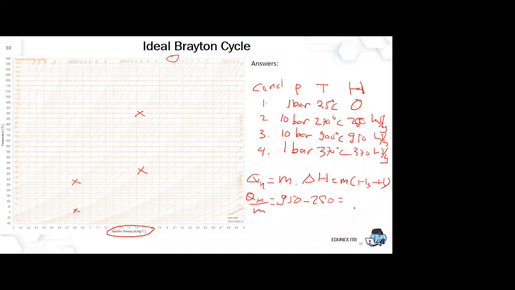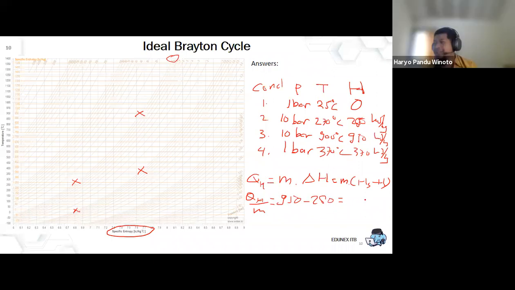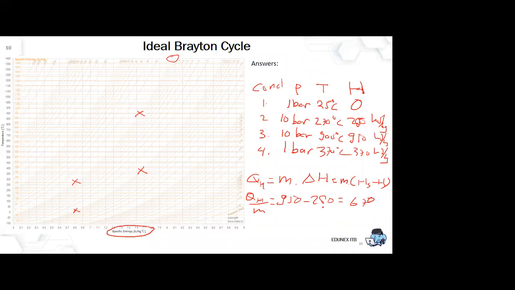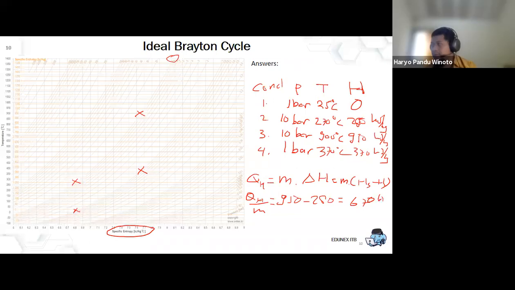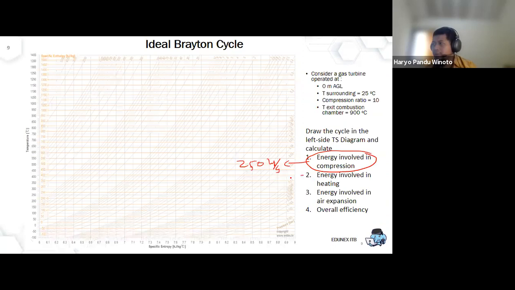Okay, how much? Help me. 670. Am I correct here? Yes, sir. Okay, let's answer it. Here we have 670 kilojoule per kilogram.